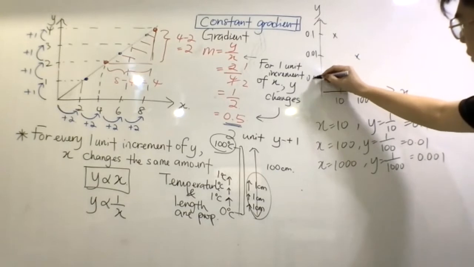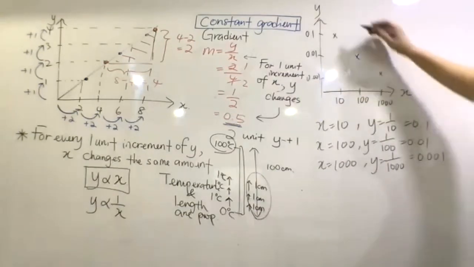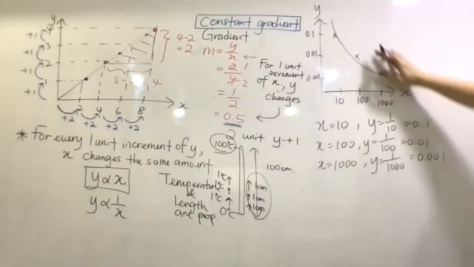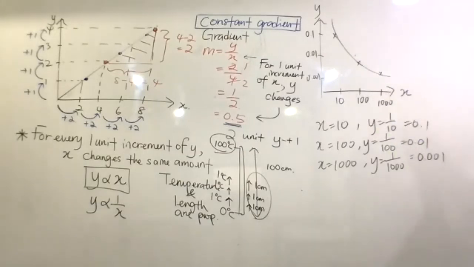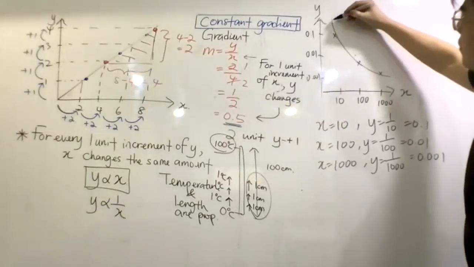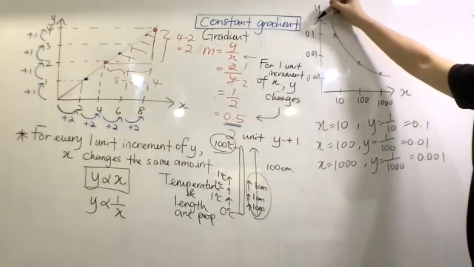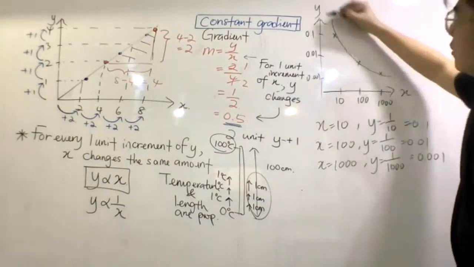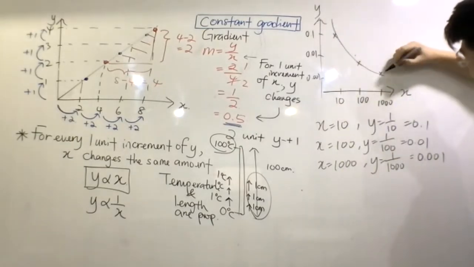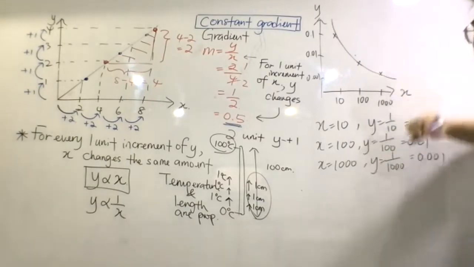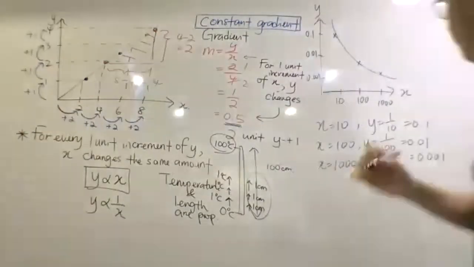Here, 0.001. This is a curved graph. Like this. Okay, so that is inversely proportional. This one keeps on going, okay, never touches this one. Keeps on, goes very near like this. Very near. We say that it keeps on approaching.